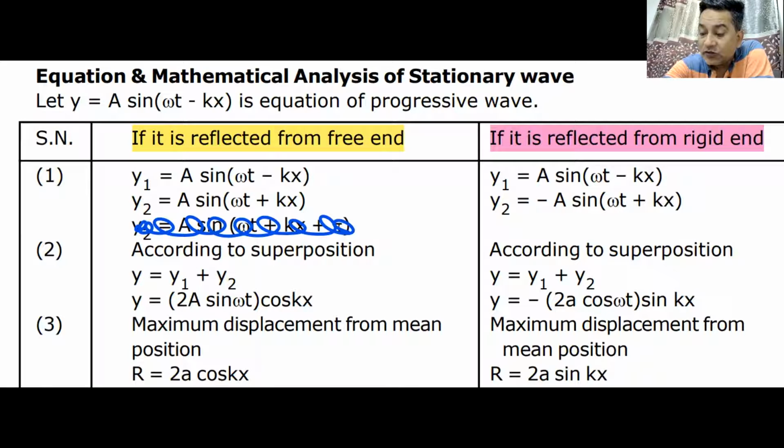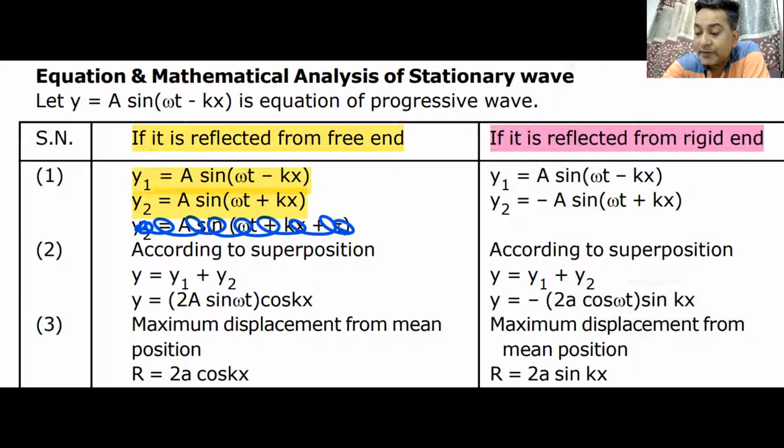As you can see over here, the original wave is sine omega t minus kx. It is getting reflected back 100%. The reflected wave is omega t plus kx. It is moving in the negative direction, but it has not undergone any phase change.